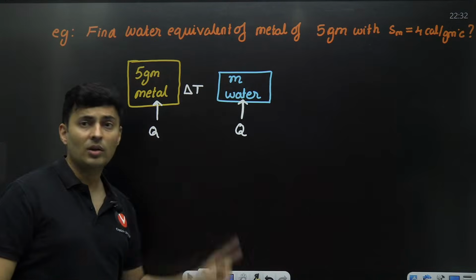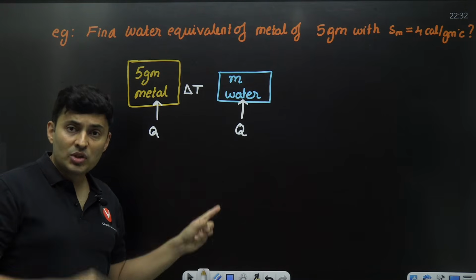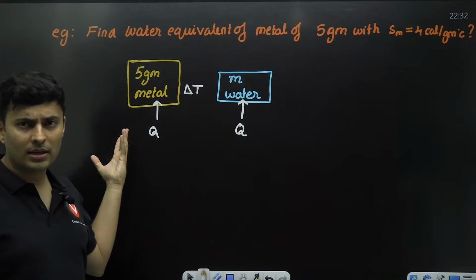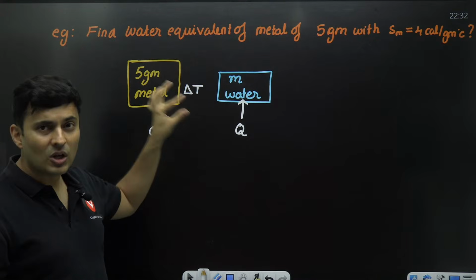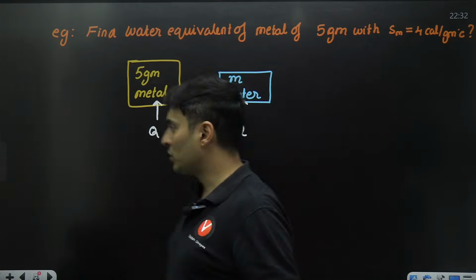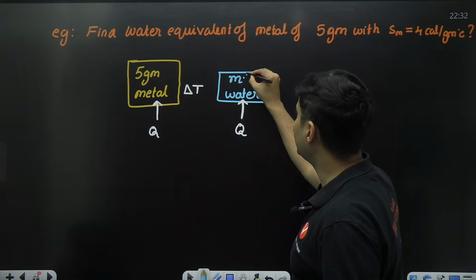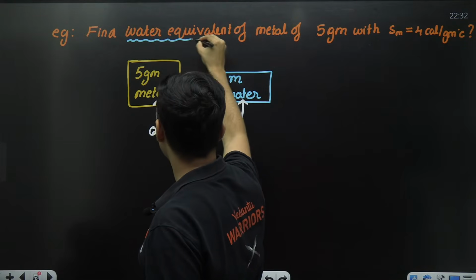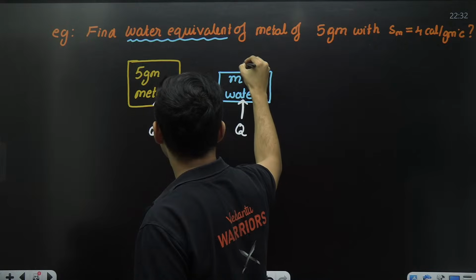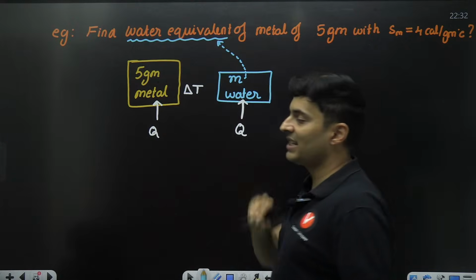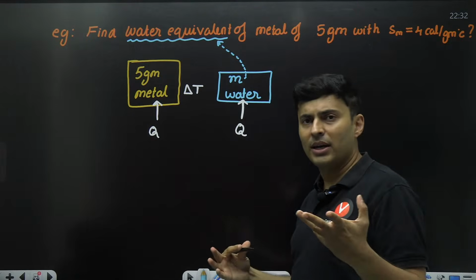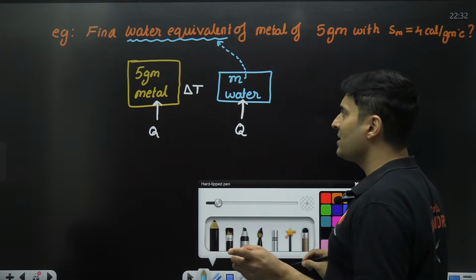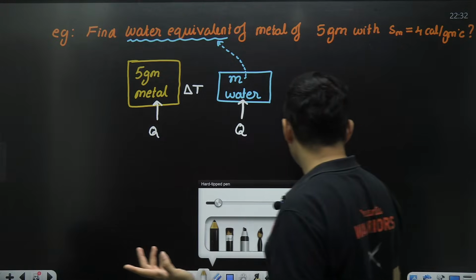So that mass of the water which absorbs the same heat for the same temperature change as that of the object or the other material, that mass is called the water equivalent. So this M that you see over here is exactly the water equivalent. The water equivalent is always the mass of the water which behaves like the solid or liquid when heated by the same amount for the same change in temperature. So basically heat is same, temperature change is same. So what could be different then?